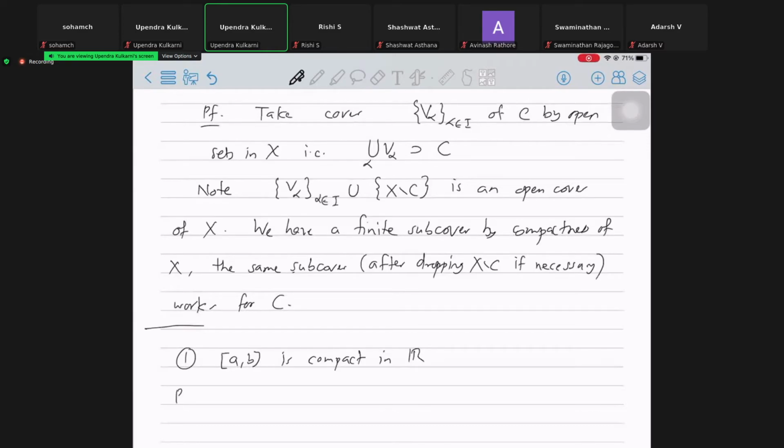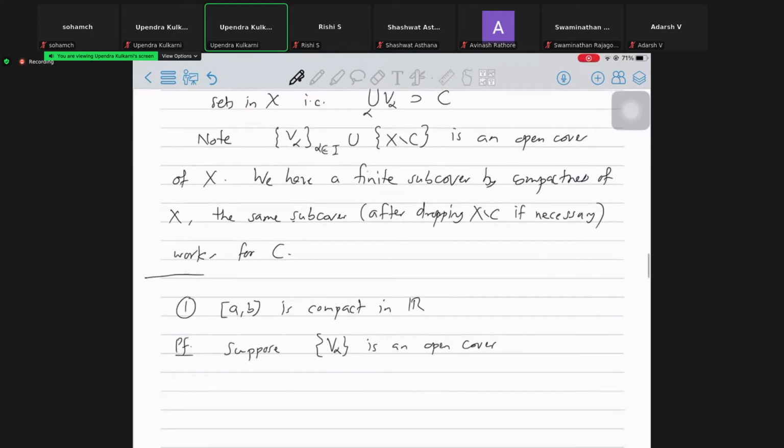Proof. Suppose some V alpha is an open cover. I need to get a finite subcover. So let us just discuss the strategy and then we will have to stop. Okay. So here is A and here is B.